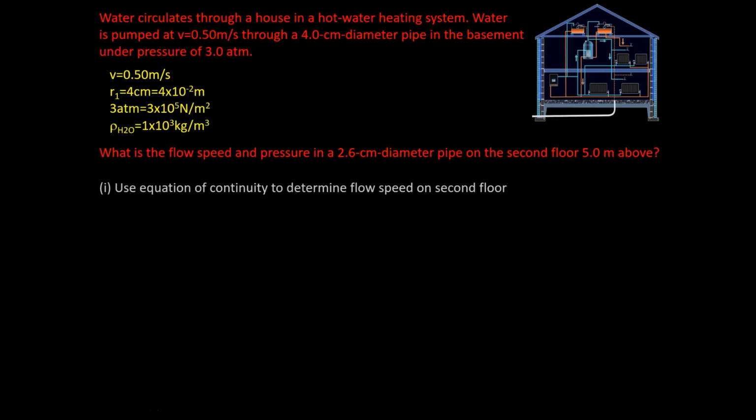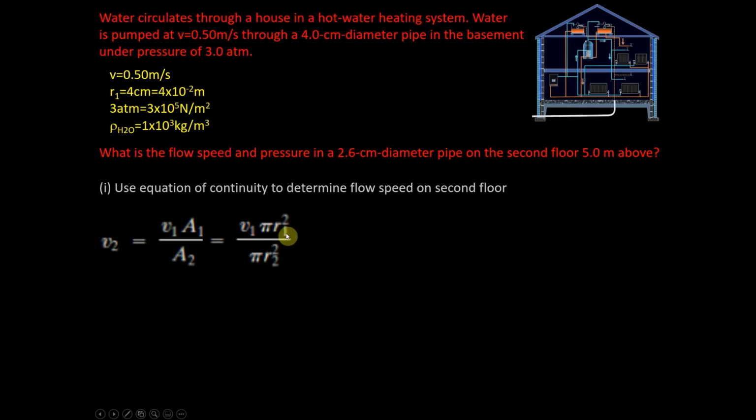So the first place to go with any problem like this is to employ the equation of continuity. This will give us the flow speed on the second floor. So remember, we were dealing with A1 V1 is equal to A2 V2. That means if we want to look for V2 here, V2 will be V1 A1 over A2. We do have to deal with these areas, however.